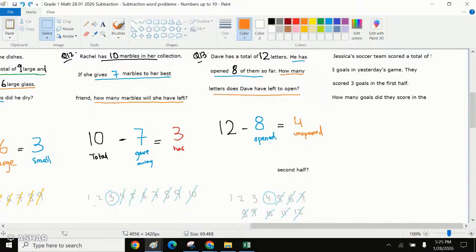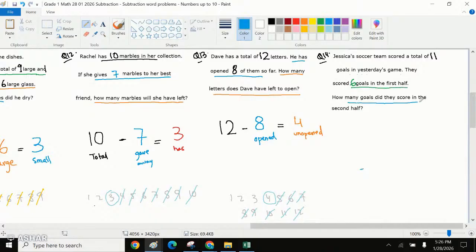How many goals did they score in the second half? If I change the number of goals over here, question number 14 says Jessica's soccer team scored a total of, let's suppose, 11 goals in yesterday's game. They scored 6 goals in the first half.